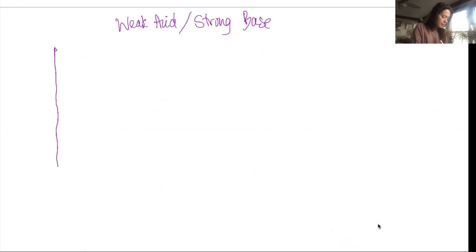Let's go look at a weak acid, weak base. No, well, we don't have weak acid, weak base. Let's look at a weak acid being titrated with a strong base. Okay. Now we've got a little bit more going on. We've already talked about some of the basic stuff, so we're going to elaborate on some other things. All right.